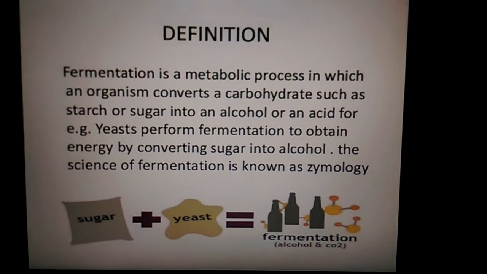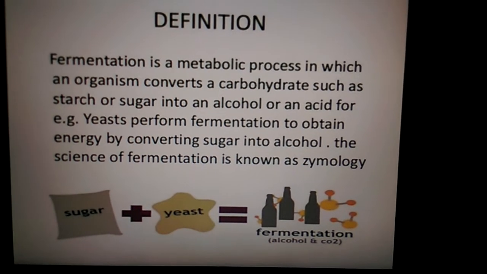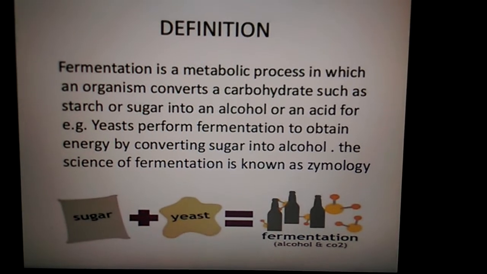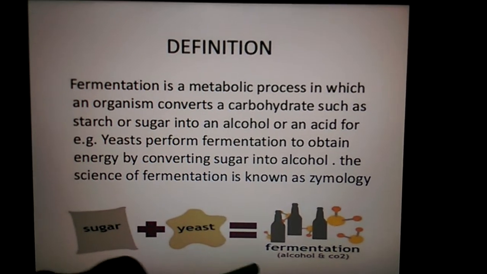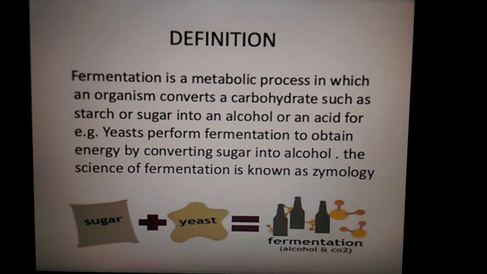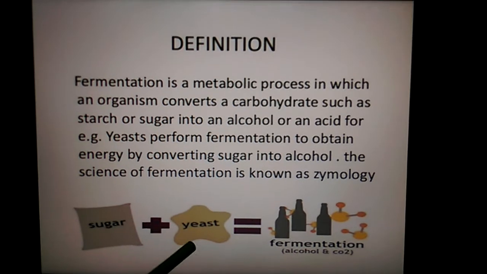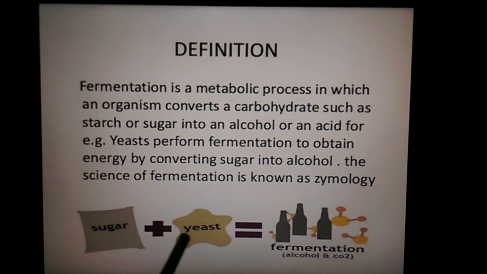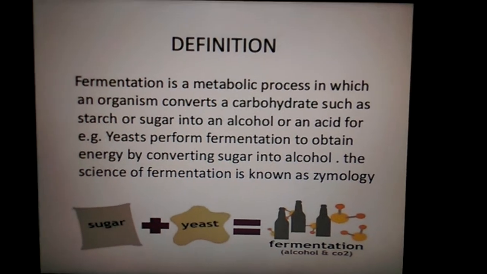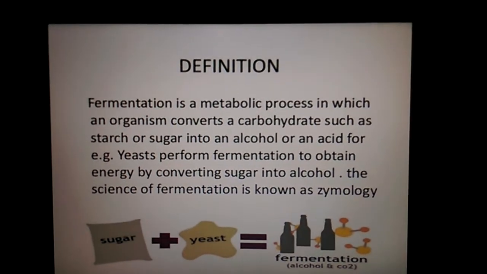Fermentation is a metabolic process in which an organism converts a carbohydrate such as starch or sugar into an alcohol or an acid. For example, yeasts perform fermentation to obtain energy by converting sugar into alcohol. The science of fermentation is known as zymology.